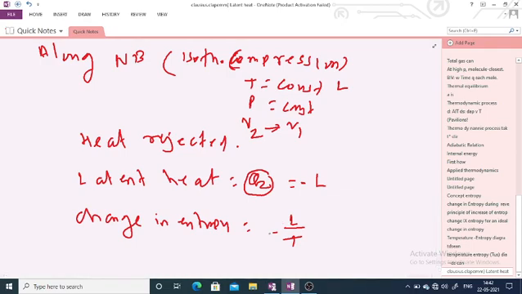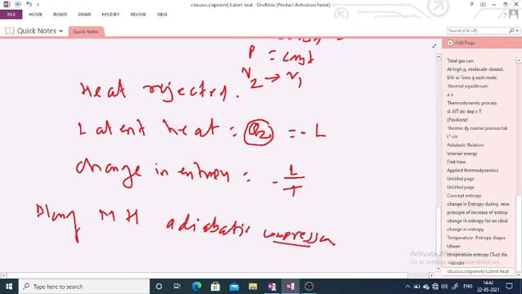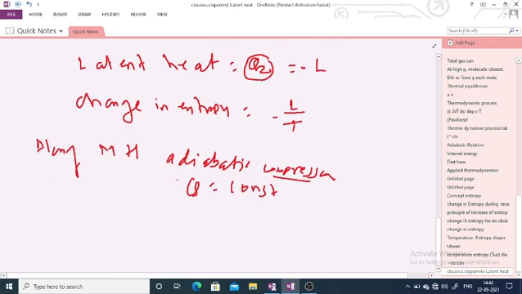And the last process, along the MH, is once again an adiabatic process, but it is a compression. It should be remembered, it stays the same as in a Carnot cycle. So there is no heat exchange, so Q will be constant. A compression takes place, so temperature increases. Here Q is constant.